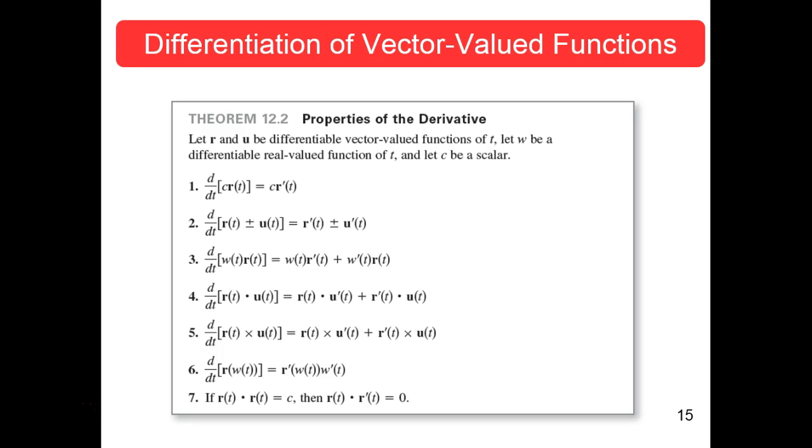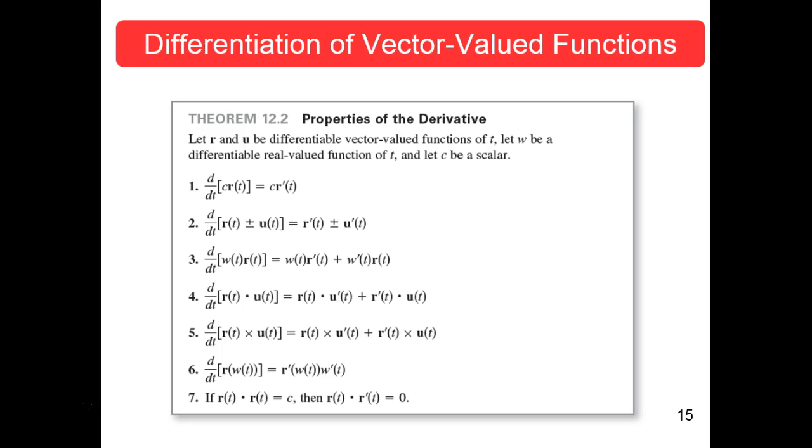Let w, now that's not bolded, be a differentiable real valued function of t, real valued meaning not vector valued, but number valued. This is a scalar function of t, and c then is actually a scalar. So r and u are vector functions, w is a scalar function, c is a scalar number.